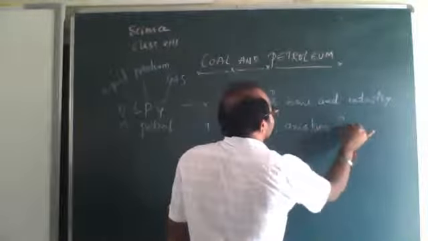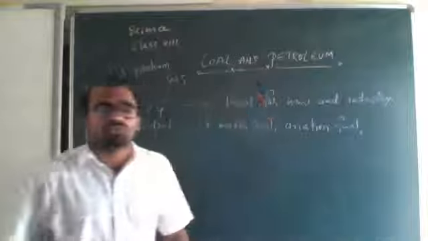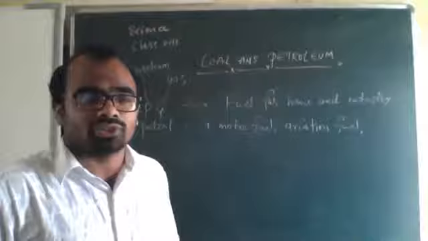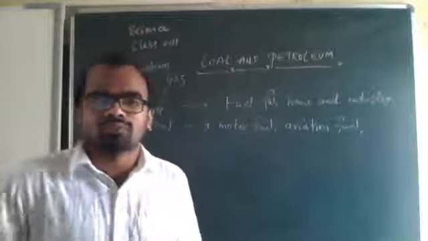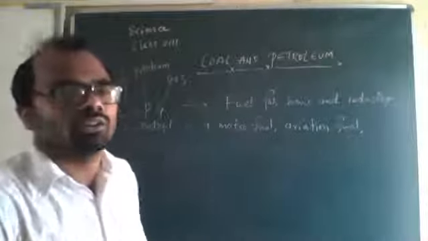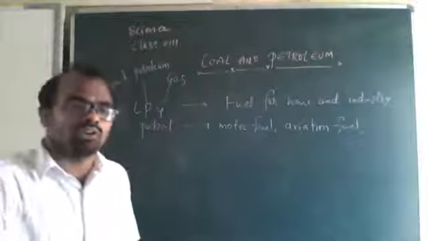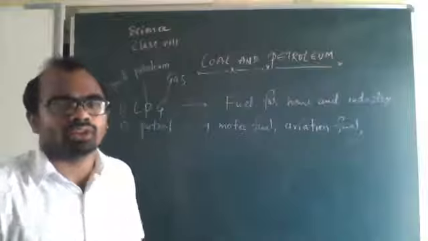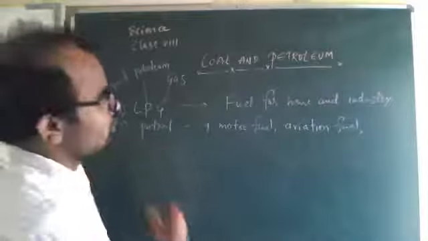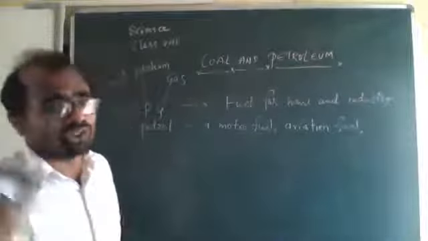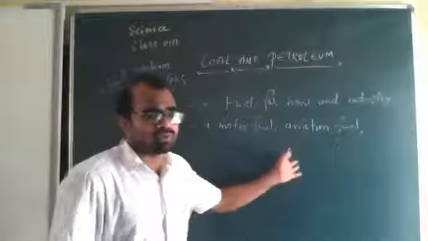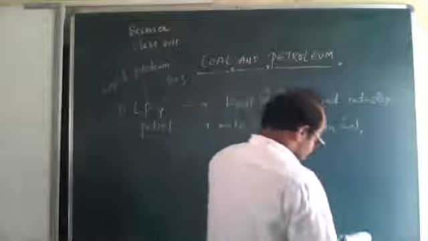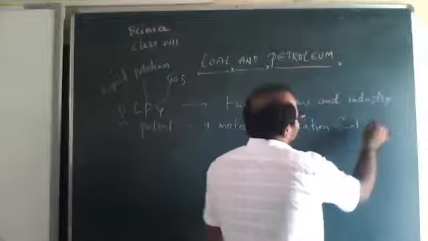Aviation means air transport, for helicopters or aeroplanes, vehicles which move through air. It is also used for rockets, not in all cases, but in some cases it might be used. It is used as an aviation fuel, and it is used as a solvent for dry cleaning.